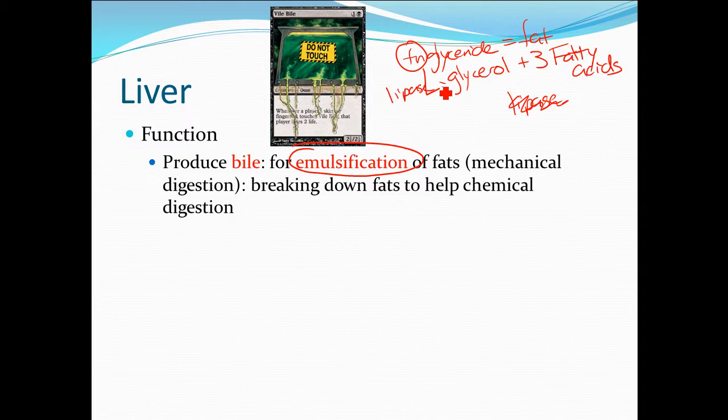But what bile does is make the fats into those droplets and keeps it in those droplets so that, once again, you increase the surface area so that the lipase can break them down into the glycerol and fatty acids. Do you understand the differences now between what bile does and what the lipases do?